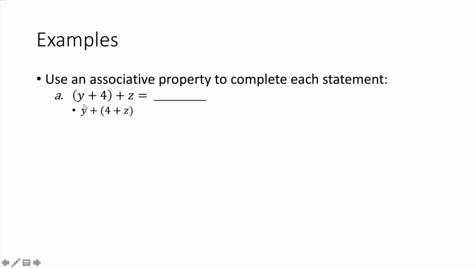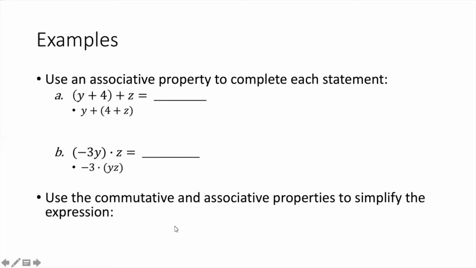So notice that the terms y, 4, and z are kept in the same order. It's just which two numbers we're adding first. For multiplication, the product of negative 3y and z, if we move the parentheses, is the same thing as the product of negative 3 and y times z.